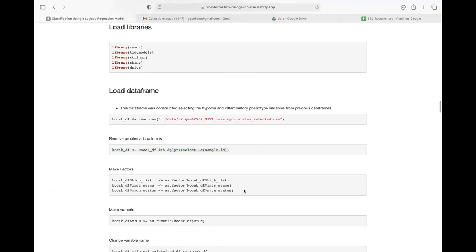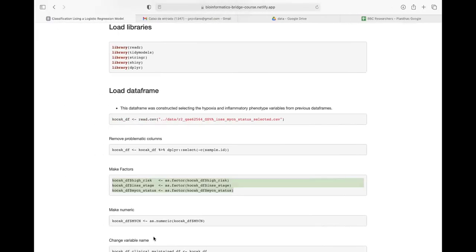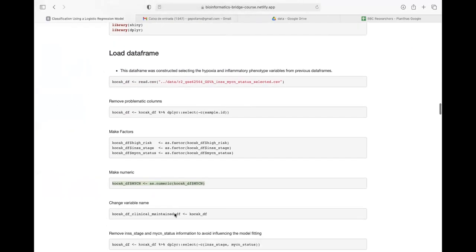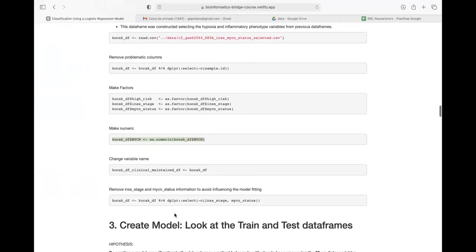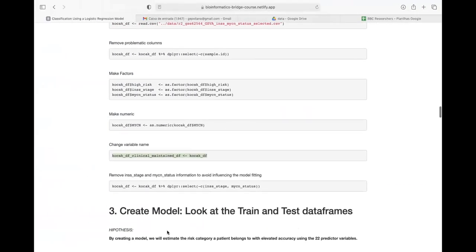I need to make high risk, INSS stage, and MYCN status as factors. And I'm going to make MYCN numeric now. I'm going to change the name of the variable, but I do not know why it's necessary.